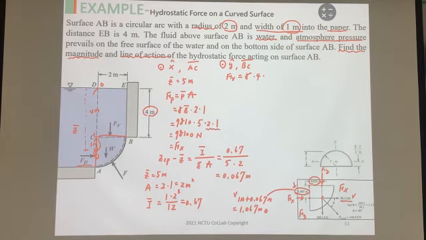Okay, and the area of the force, the area is along the BC. It's also the same. It's 2 multiply 1 meters, 2 meter length along the BC, and the width is 1 meters. So this is the volumes above the BC line, the BC planes.